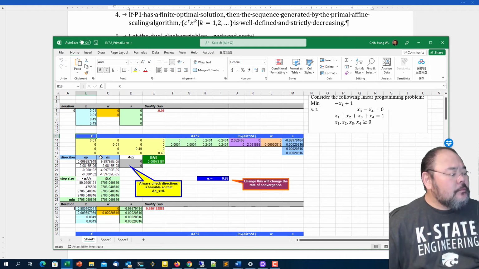And I find the inverse, I find the transform back, that's the dx, this is the direction for x. Okay, double check A times dx equals 0, and the magnitude of dy.